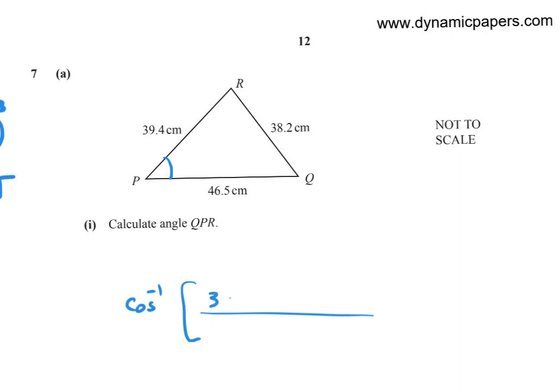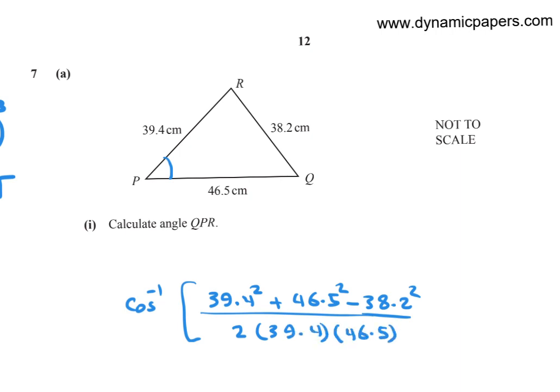So 39.4 squared plus 46.5 squared minus 38.2 squared over 2 times 39.4 times 46.5 equals 52 degrees.